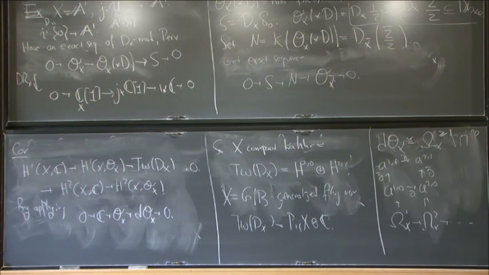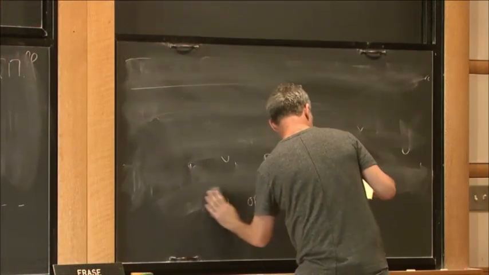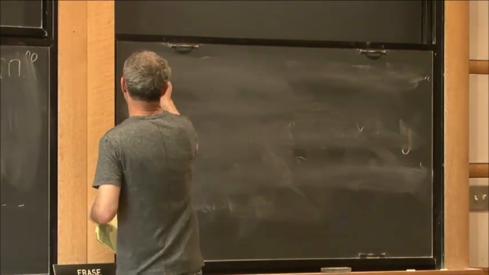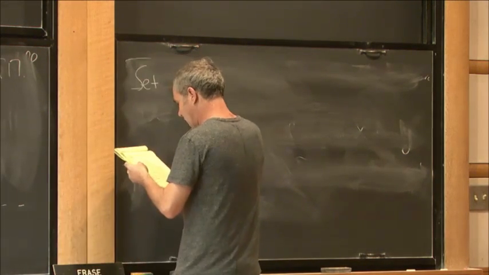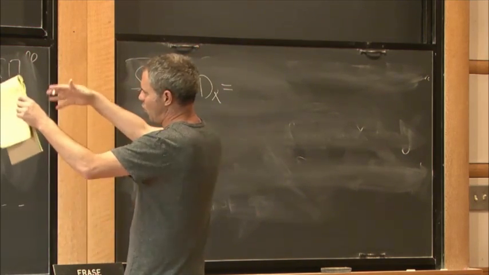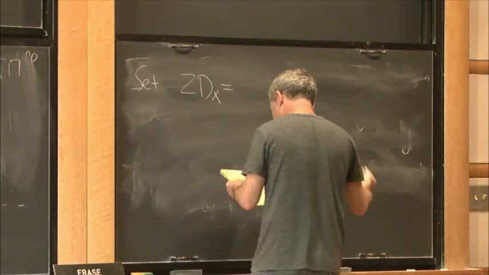Okay, and then what we see is, let's set ZD of x equal to the things in this resolution that would give us one closed forms.